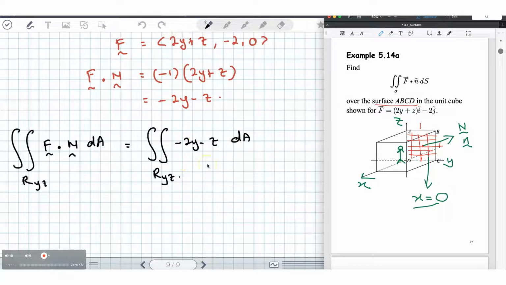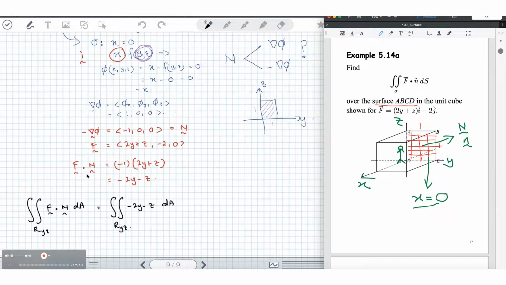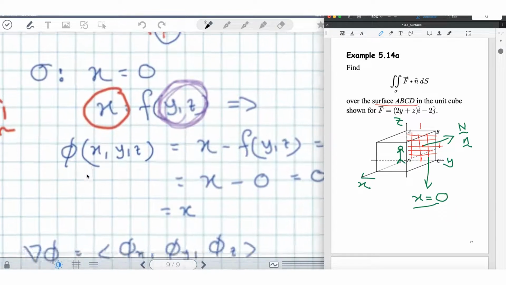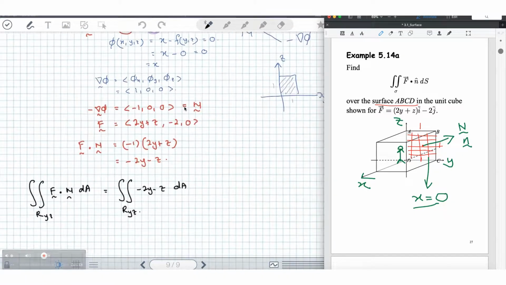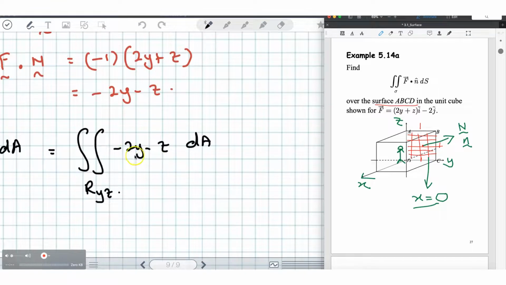The next step is to integrate, but before you integrate, you have to check your integrand. You should check the possible variables that you can have. According to your choice just now, where x is a function of y and z, the possible variables allowed in this expression are only y and z. You cannot have x.